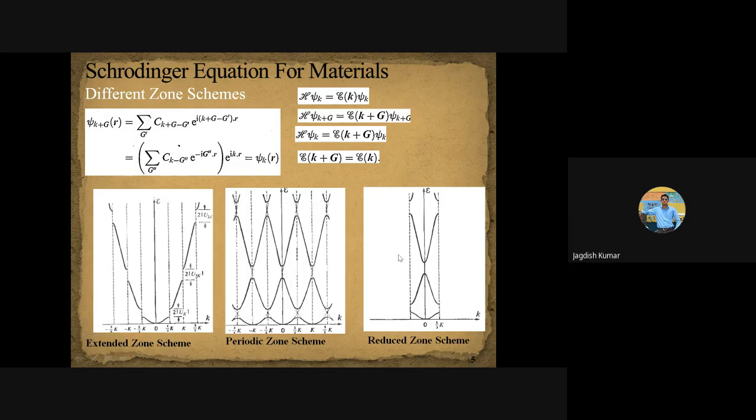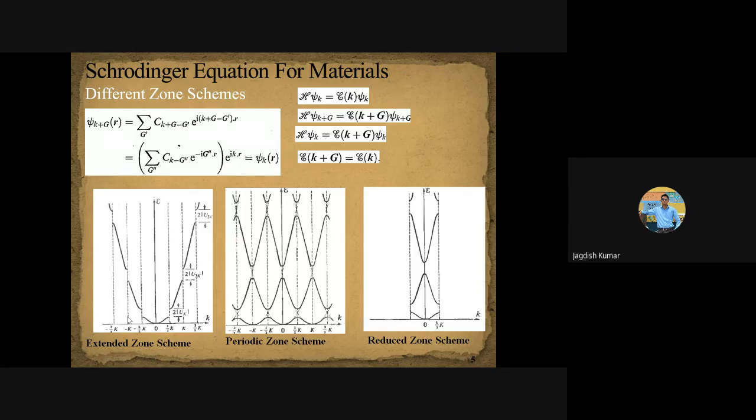So what is the idea of this reduced zone scheme? It is that we don't need to extend the properties or the E versus K relation of any material in the infinite extended zone scheme, because if you refer to the reciprocal lattice, it is an infinite size lattice, isn't it?